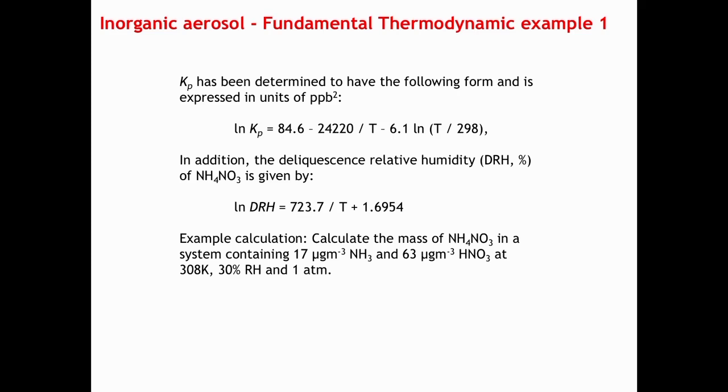So really that's 639, but let's call it 625. So if you've got 625 parts per billion squared, what is the value of the partial pressure product at 308K? Can somebody do the calculation?